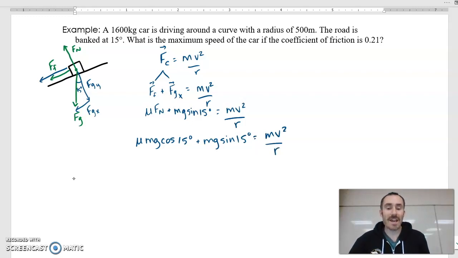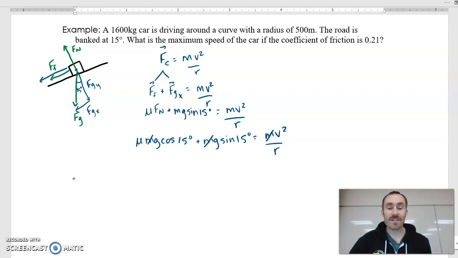And now we can see again that the mass isn't actually required, which is what we saw in the previous example as well, if you watched the previous video, that when you design a roadway, you don't actually need to take the mass of the vehicles into account, right? So we can cancel out all those masses.